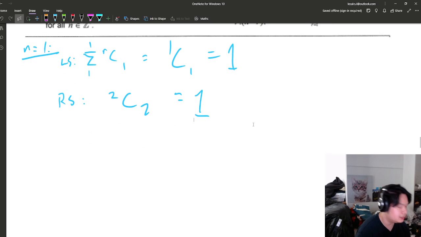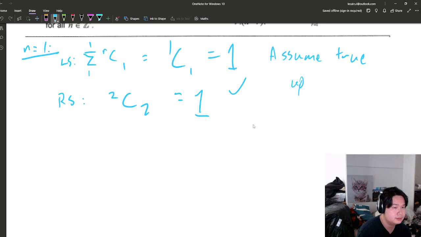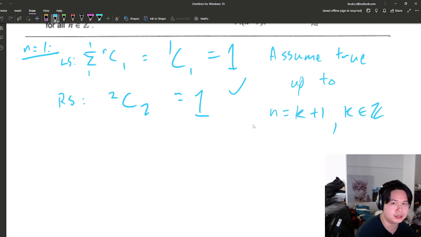Okay, so then next you make your assumption. So this is good. This is going to be true up until some number k. And what you should do is write what this assumption is.